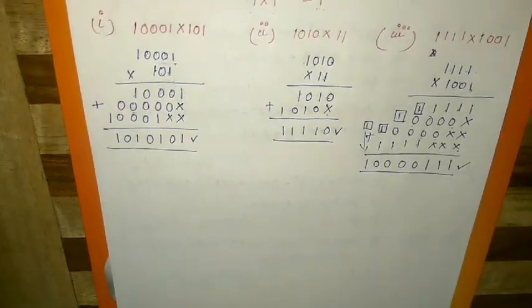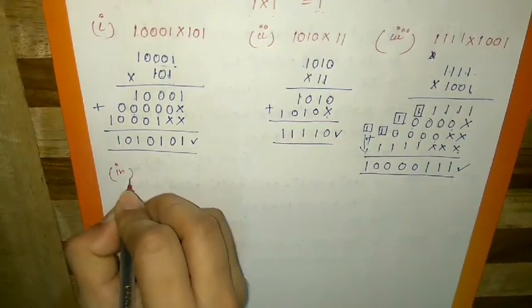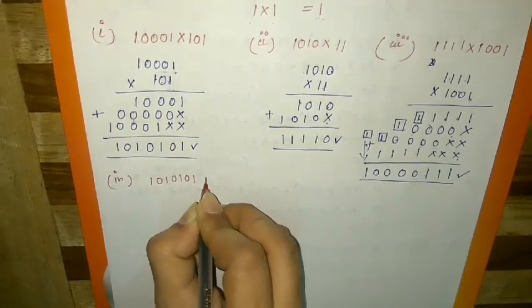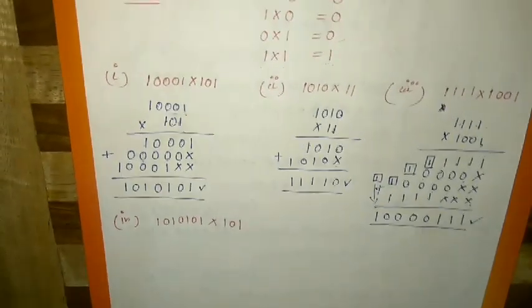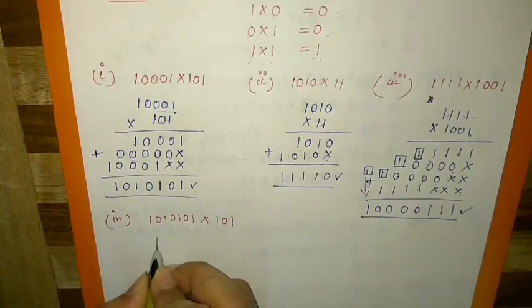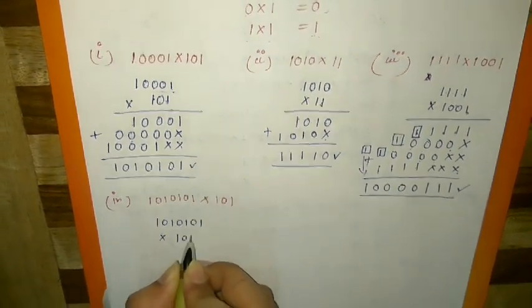Now see the last part, the fourth one. The fourth question is 1010101 multiplied by 101. Okay, so you have to solve this one now. Now see, 1010101 multiplied by 101.